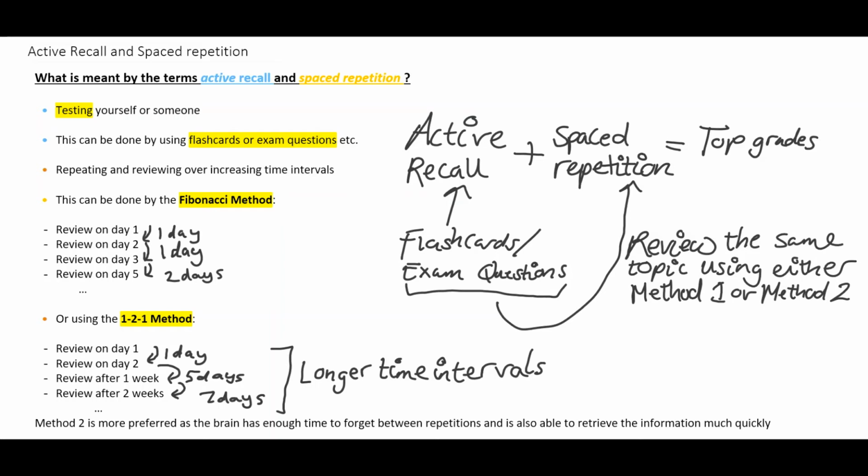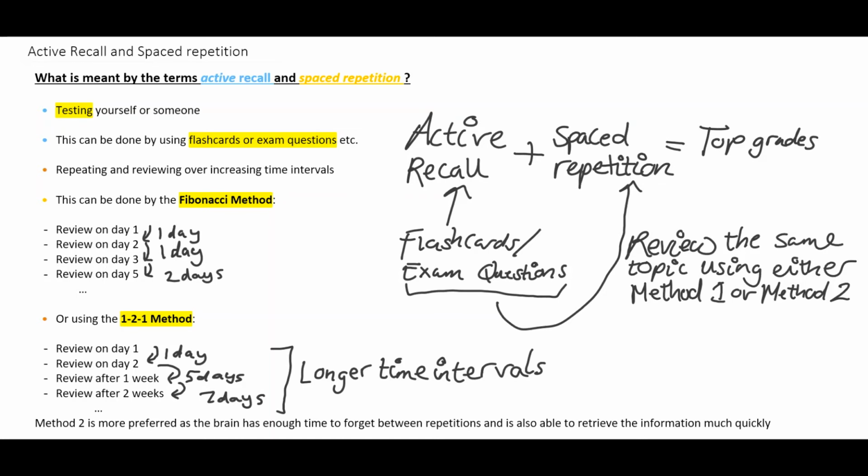And so it will just help you out in that sense, and you'll be prepared for the test. So if you ask me the question, what method would you advise me to use, I would advise you to use method 2, which is the one-to-one method, because your brain has enough time to forget between the repetitions.